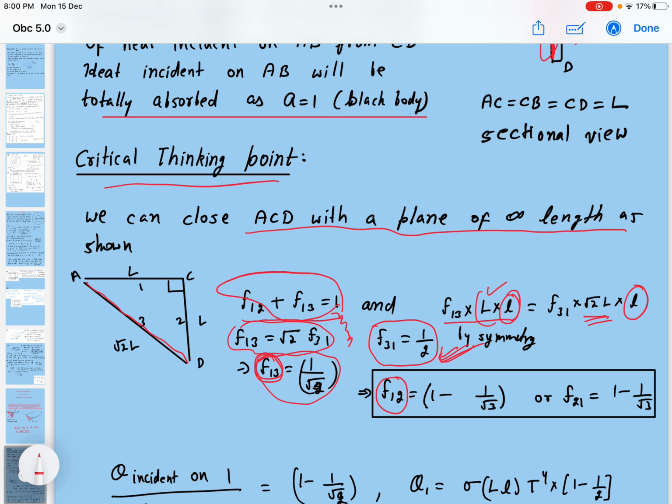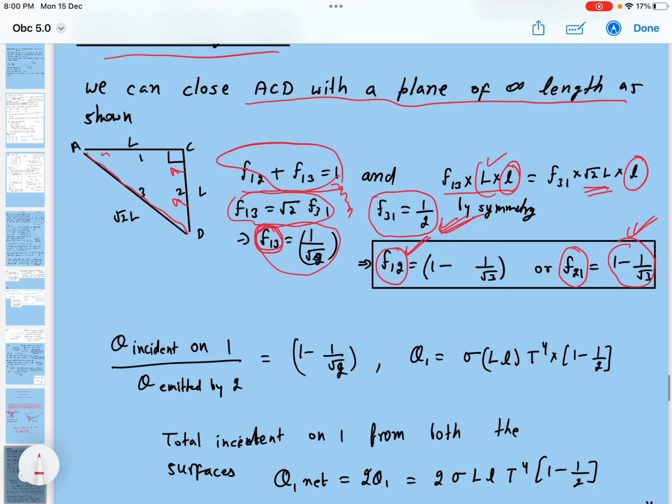F12 or F21, same thing. So F21 we are getting as 1 minus 1 by root 2. This is a very important result: whatever heat is coming from 2, how much is striking on 1. Heat incident on 1 divided by heat emitted by 2 is 1 minus 1 by root 2.